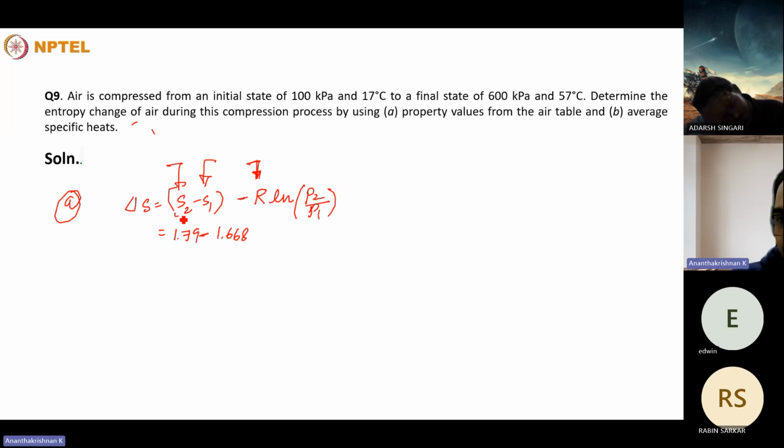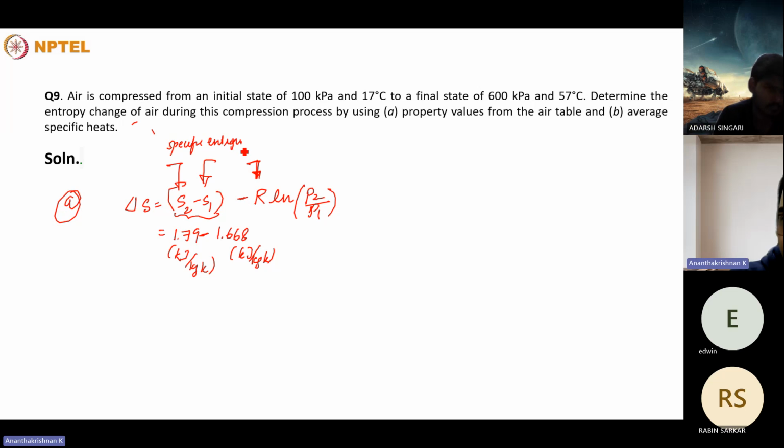So this is specific entropy, with units of kilojoule per kilogram Kelvin. This will be at T1, P1 and this will be at T2, P2 from the property table.